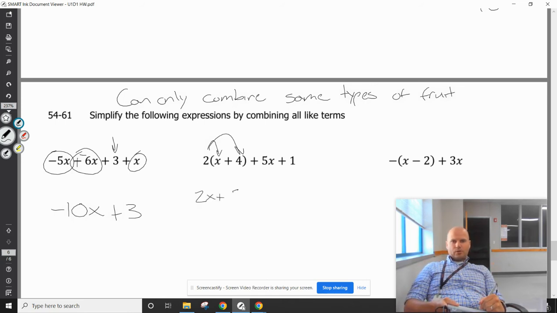We multiplied by everything, so we know what we have. 2 groups of a bag of 1 apple, 4 oranges. Well, if you have 2 groups of that, 2 apples, 8 oranges. And somewhere else, I have 5 apples and an orange. What do I have? Well, a total of 7 apples, 9 oranges.